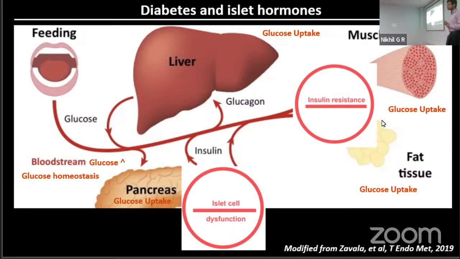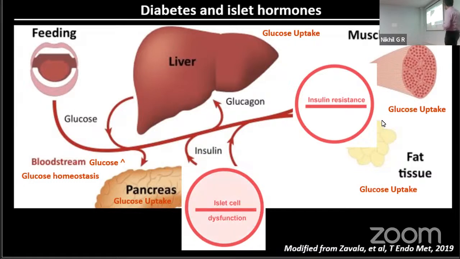They secrete insulin, and when you try to overcompensate, the cells can't do it anymore. It's like a factory: you put too much pressure and at some point the factory will break down. That leads to islet cell dysfunction, which means insulin is also not secreted. The problem gets bigger over time, right?